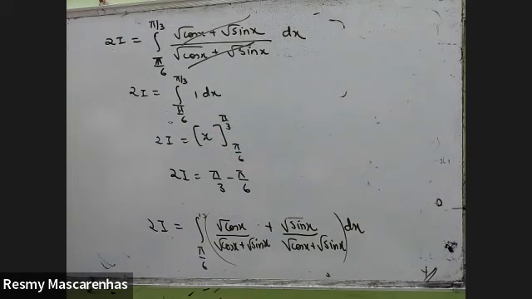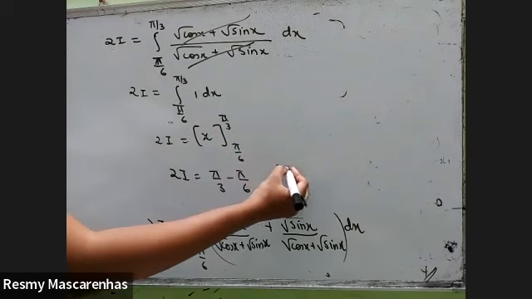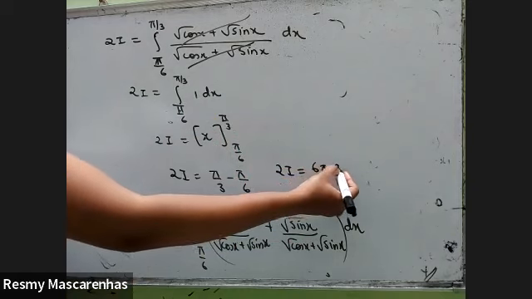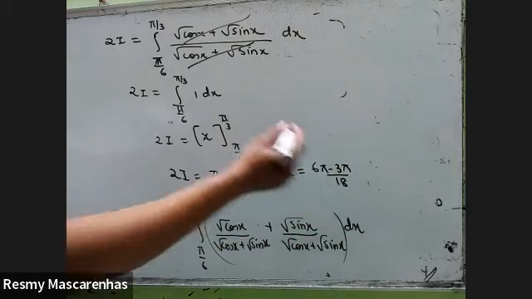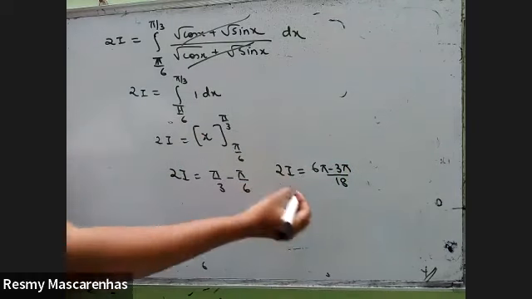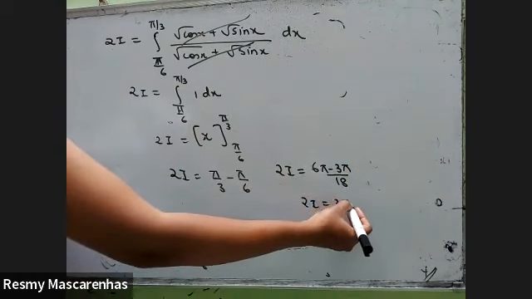Cross multiply. Two I will be 3 pi by 18.